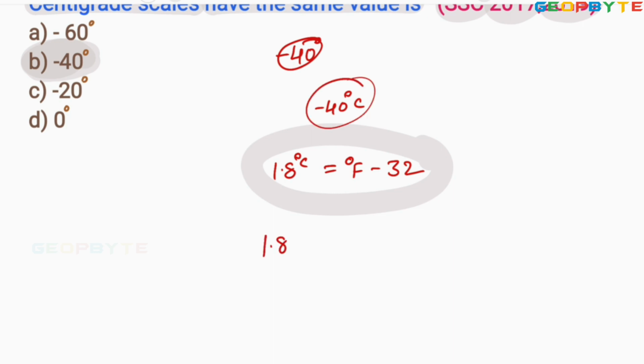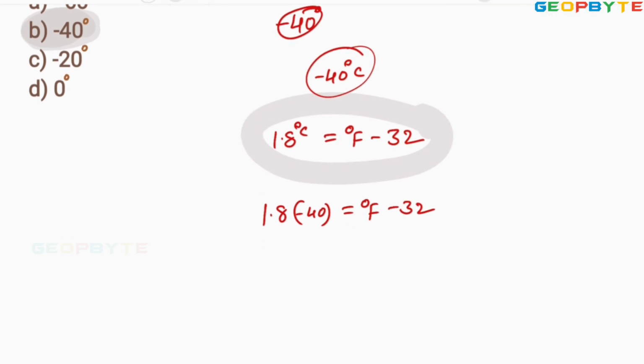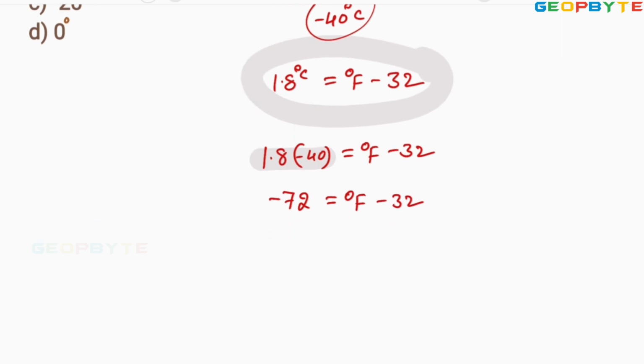What is the degree centigrade? Minus 40. 1.8 into minus 40 is equal to minus 72, equal to degree Fahrenheit minus 32. Therefore, degree Fahrenheit is equal to minus 72 plus 32, which is equal to minus 40.